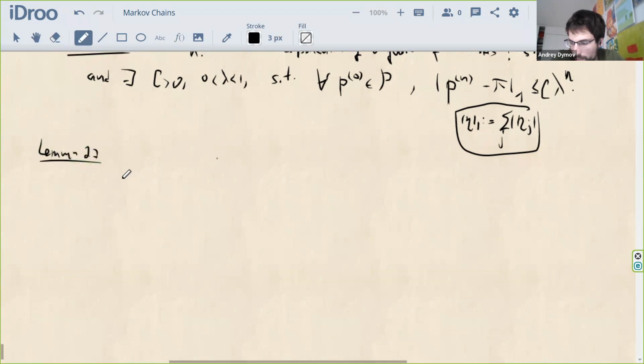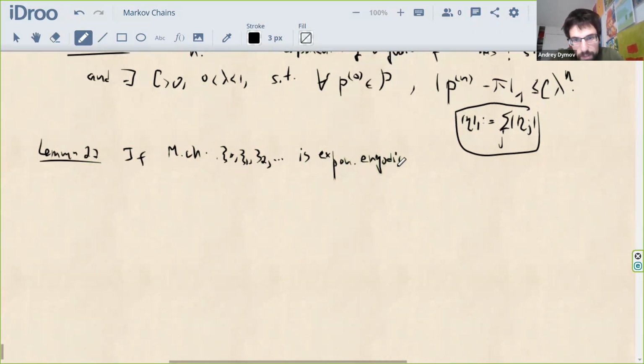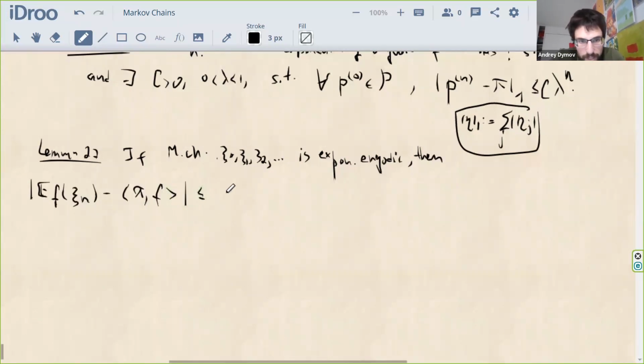If our Markov chain xi0, xi1, xi2, etc., is exponentially ergodic, then the expectation of the function f computed at xi(n) minus the action of the stationary distribution pi on the function f is bounded by some constant, let me call it c tilde, times lambda to the power n.